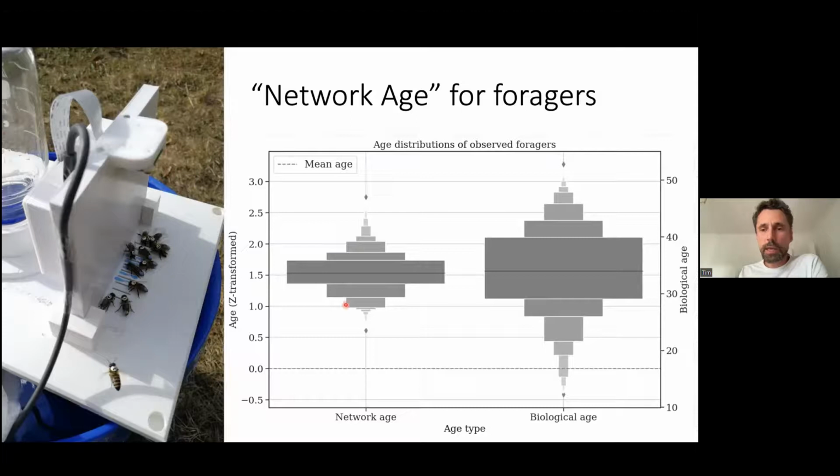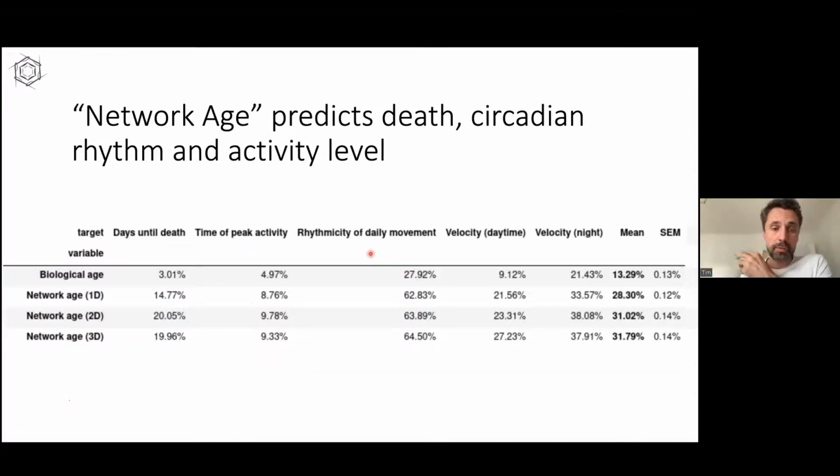But in network age, this is all around the age of 30 or 40. So this means we were able to extract information from the social network that did not rely on absolute location information to learn what these bees are doing.